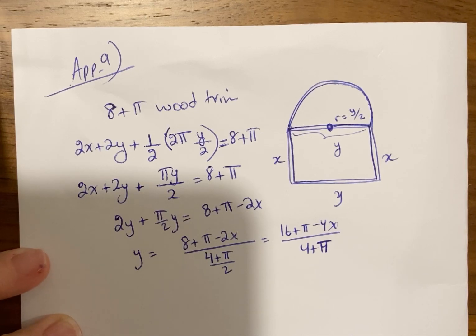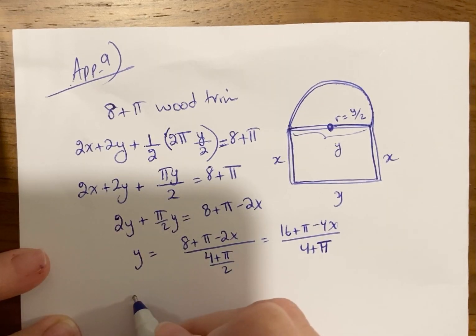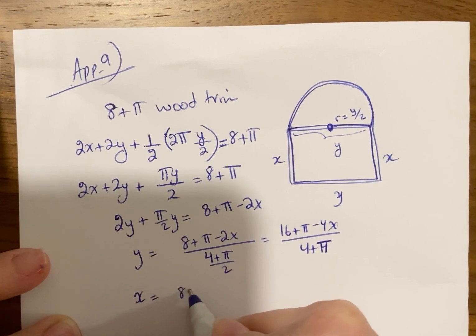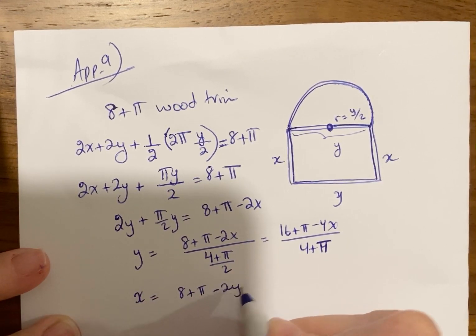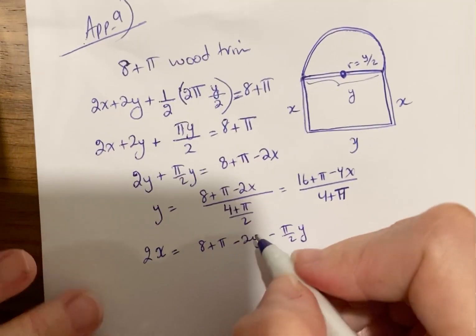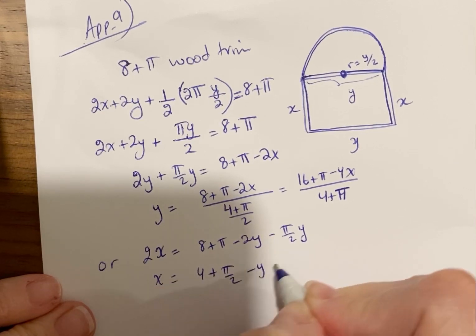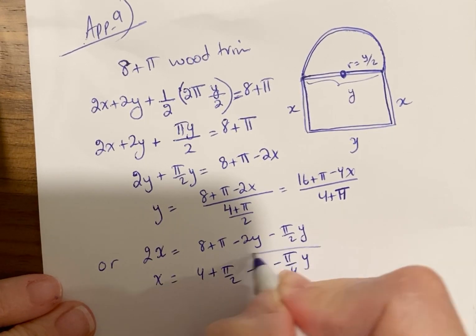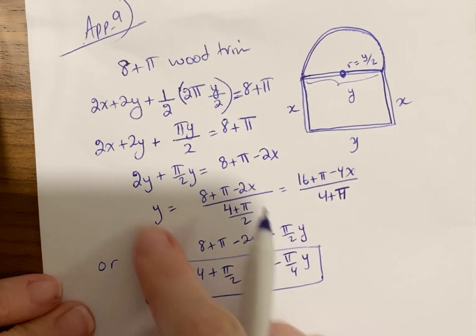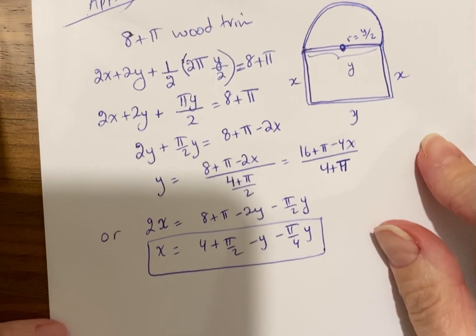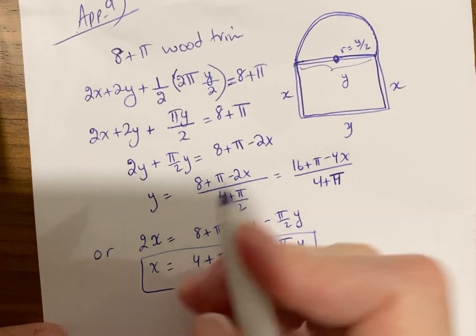If you write x in terms of y, 8 plus pi minus 2y minus pi over 2 y, that's 2x. So x equals 4 plus pi over 2 minus y minus pi over 4 y. So you see whichever is easier for you and use it. But now what do we want to maximize?